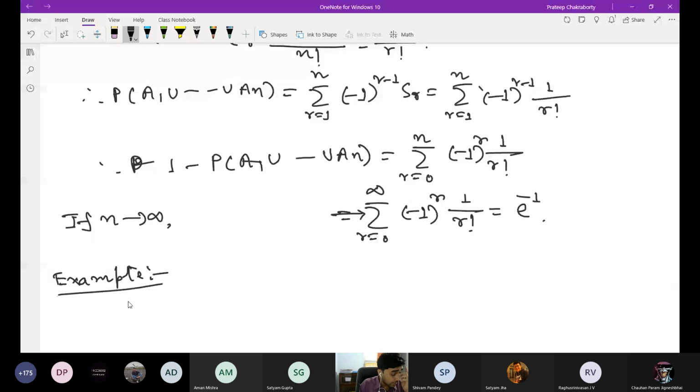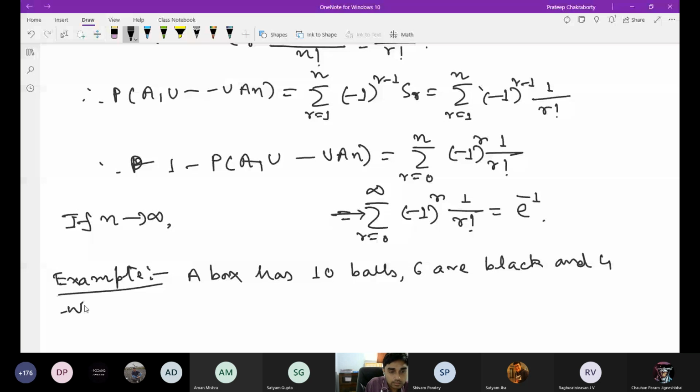So a box has 10 balls. Six are black, and 4 are white.